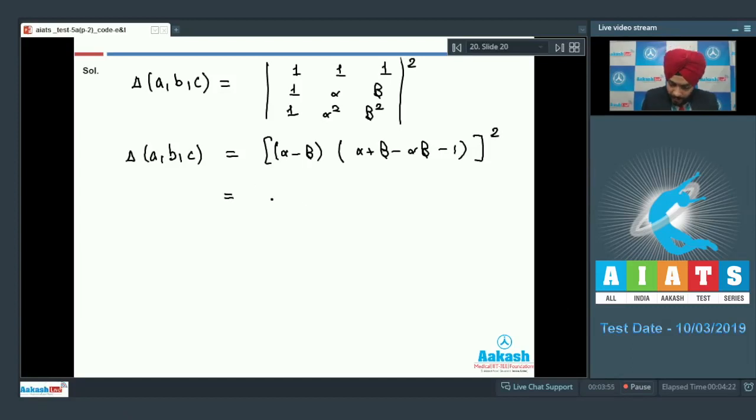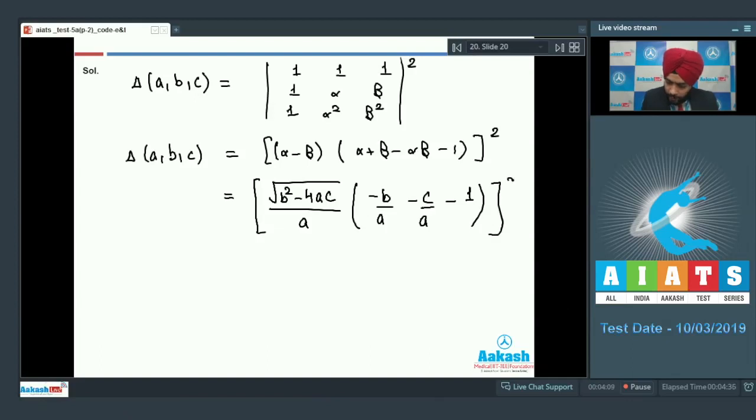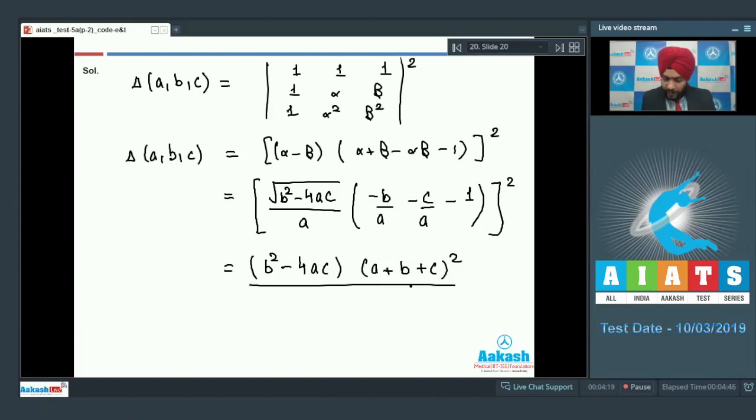That is root D by a, so root of b square minus 4ac divided by a, into minus b by a minus c by a minus 1, whole square. So this is simply (b square minus 4ac) into (a plus b plus c) whole square, whole divided by a power 4.